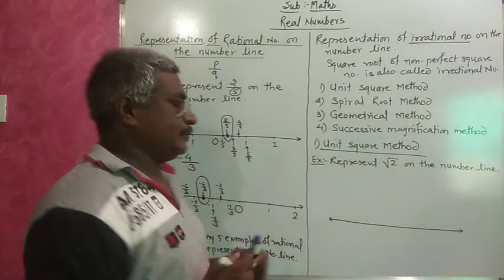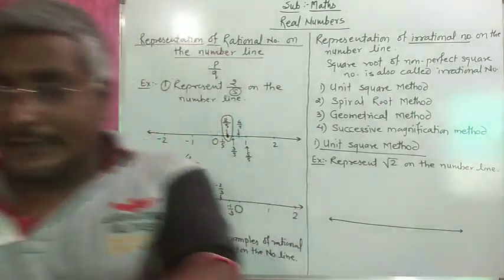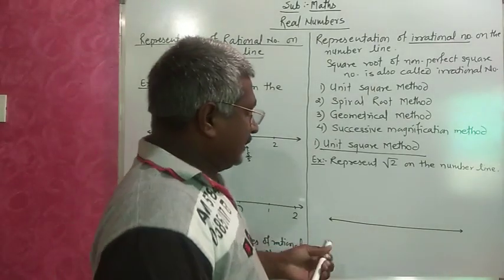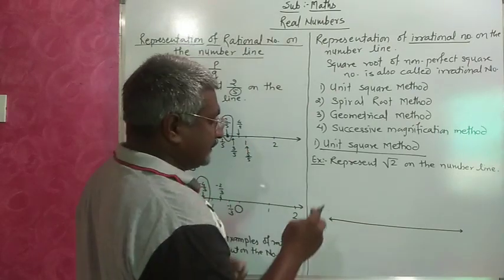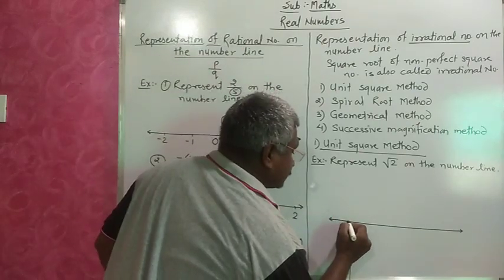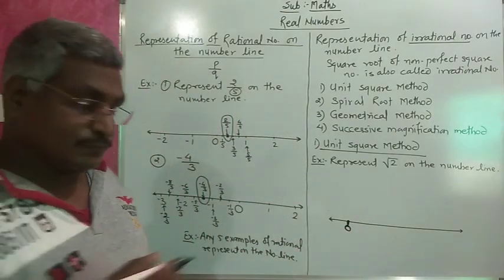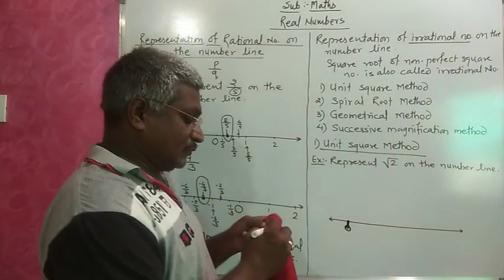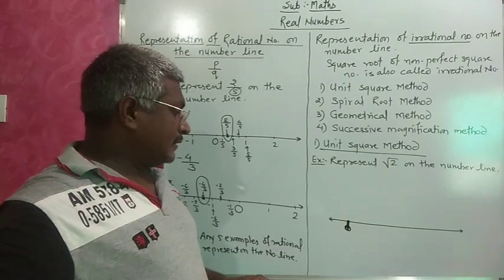Now on that, how to do the construction? First a point has to be fixed here, 0.